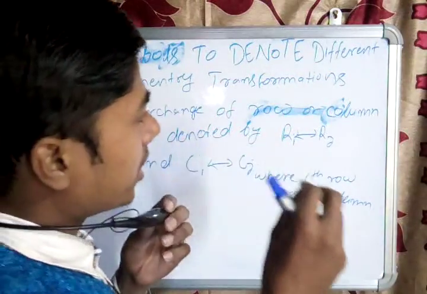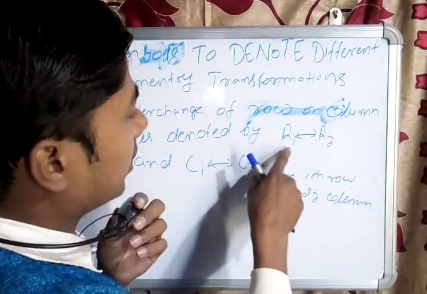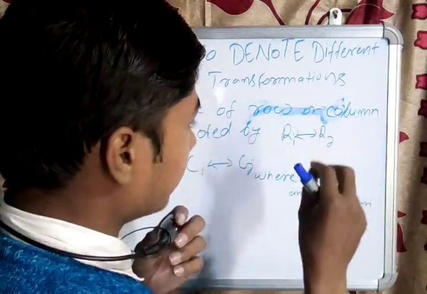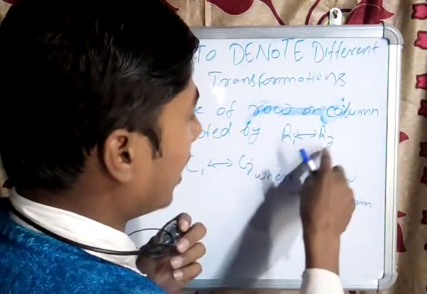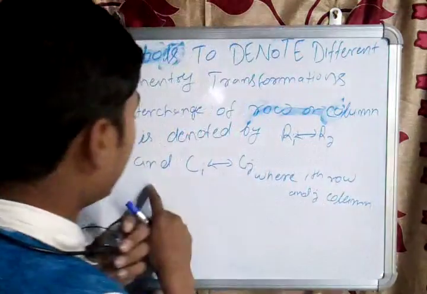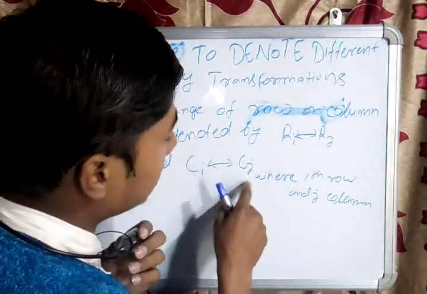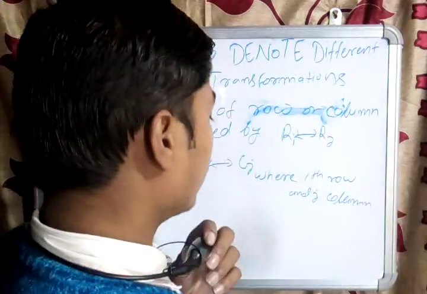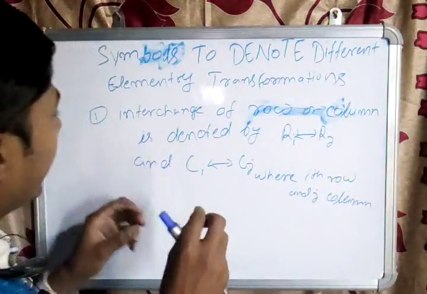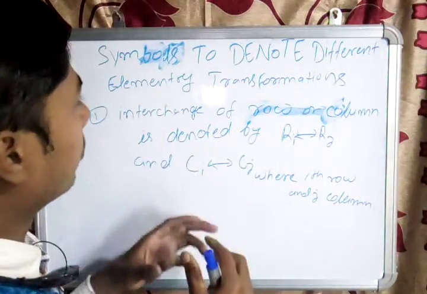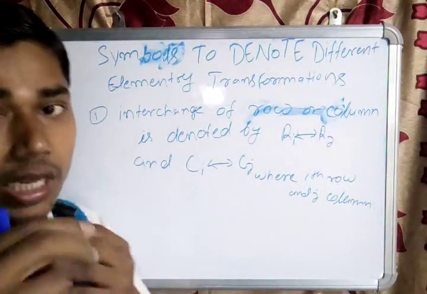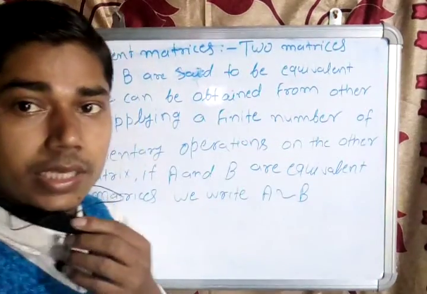Interchange of row or column is denoted by Ri to Rj and Ci to Cj, where i is the ith row and j the jth column. There are 6 symbols to denote different elementary transformations.